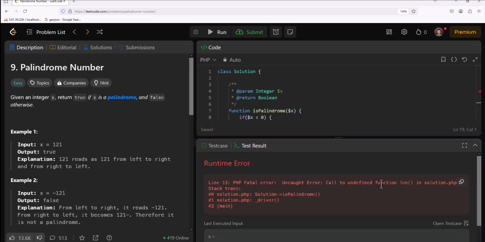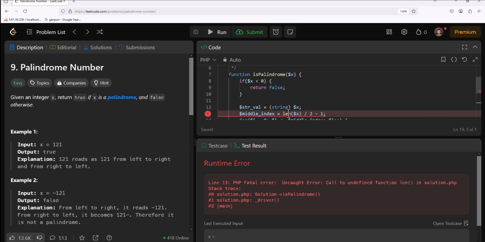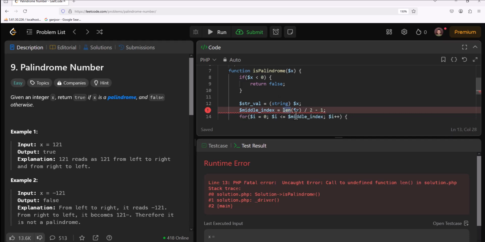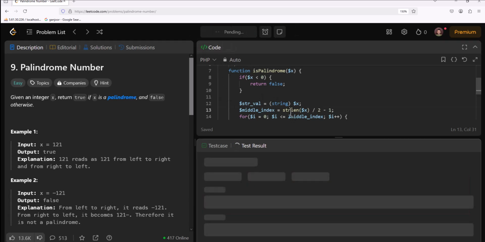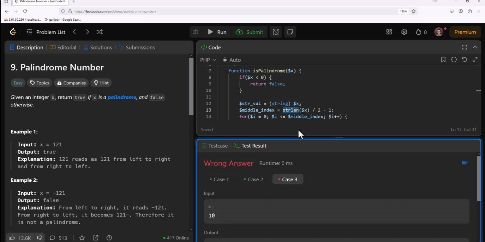It says call to undefined function len. Why? What? As I said, when you switch between different languages, you use the wrong functions. Okay, I think we have the strlen function here.